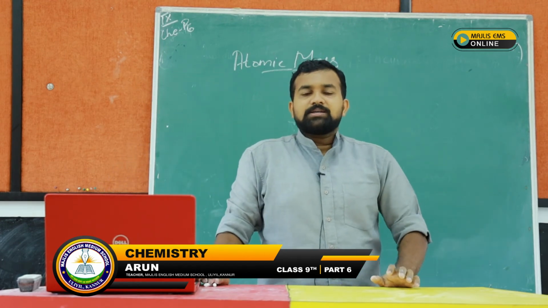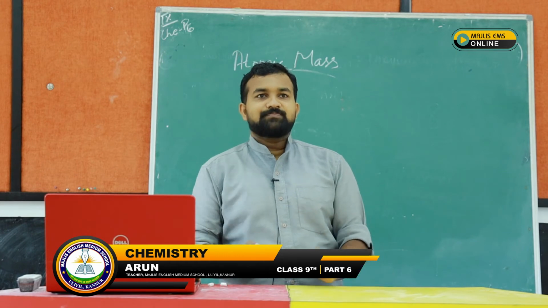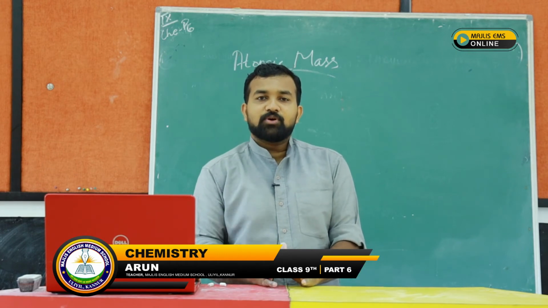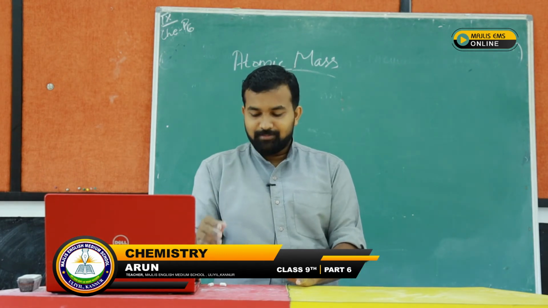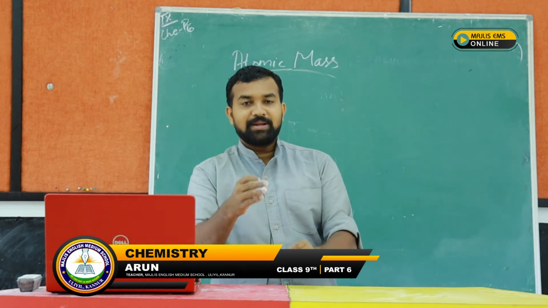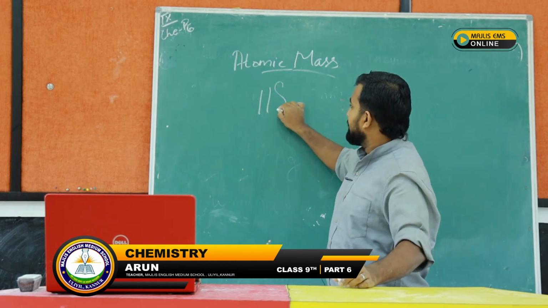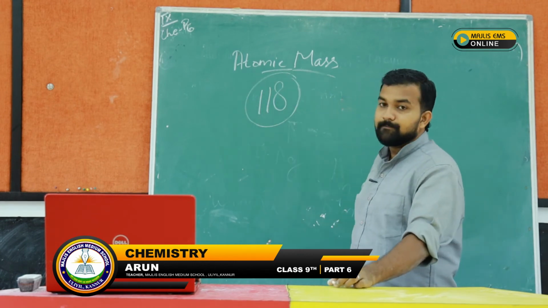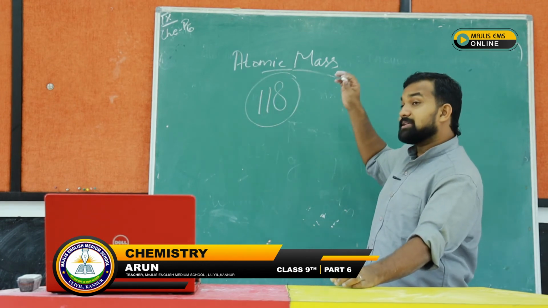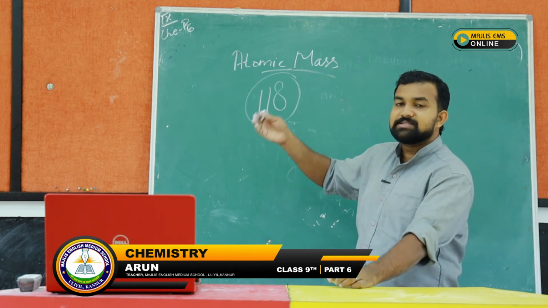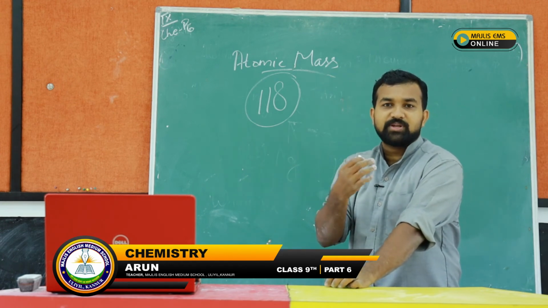When we are discussing atomic mass, it is very difficult for us to find out the mass of different atoms separately, individually. I have told you 118 elements are there. In the beginning, finding the mass of each element separately was very difficult.